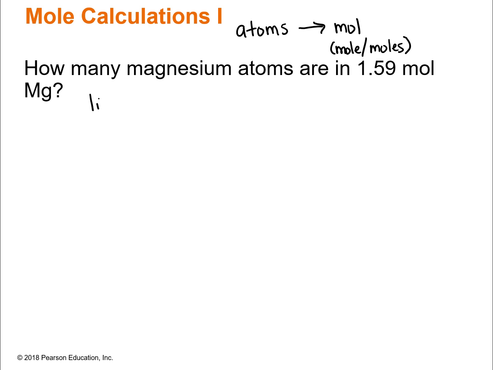In this case, we're going from moles to some number of atoms. So always make sure that you know what unit you're starting with and what unit you're trying to end with, especially as the questions get more complicated.